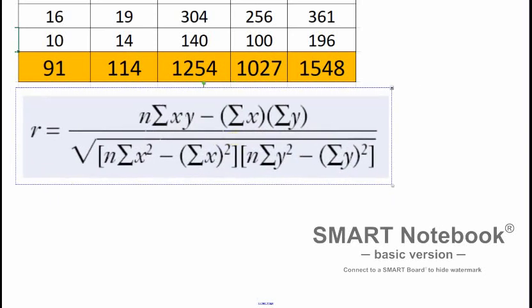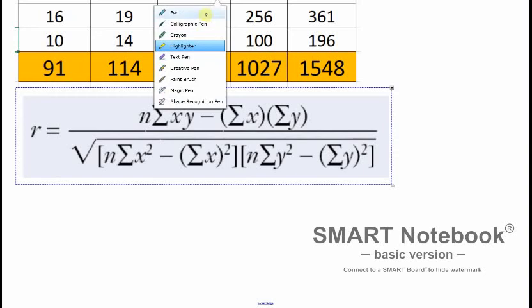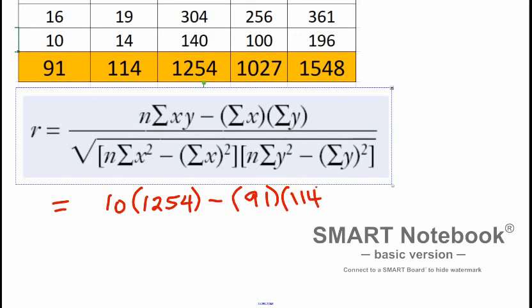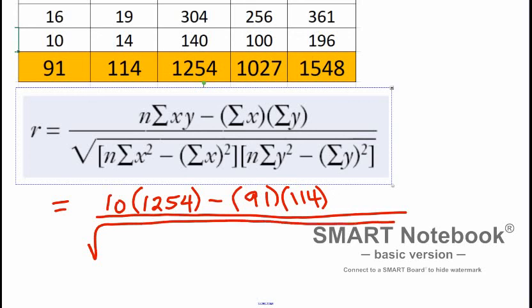So as I get started here, and I'm going to try and go through this rather quickly, we have 10 times the sum of xy, which is 1254, minus 91, the sum of x, times 114, the sum of y, divided by a big square root.